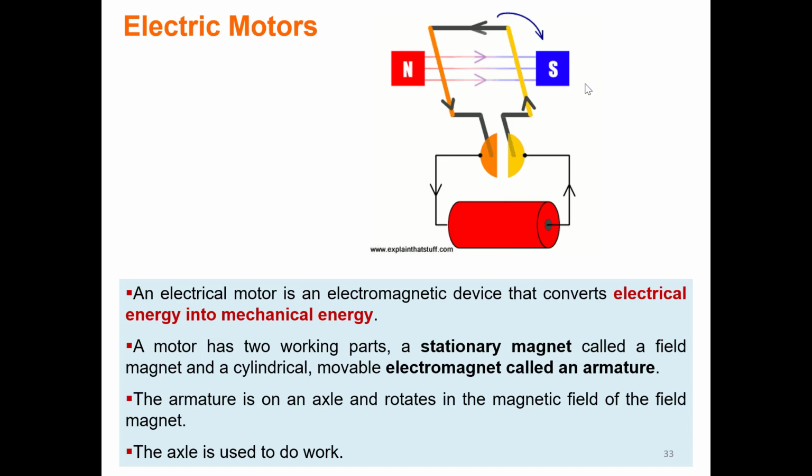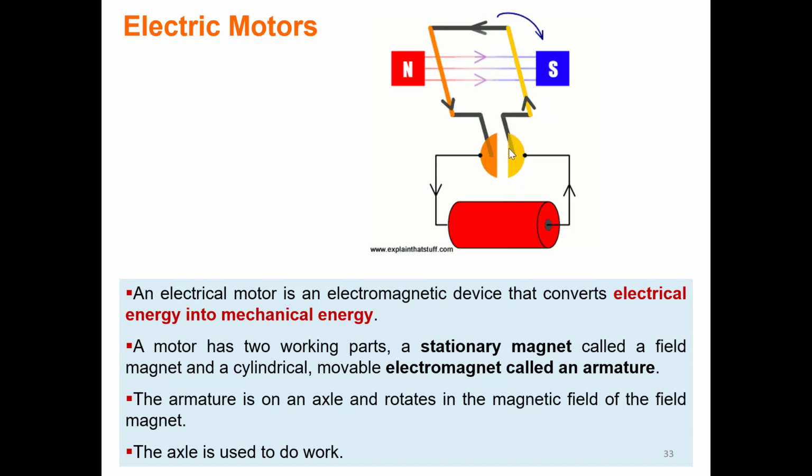One is a stationary magnet. We have one permanent magnet. It's like a bar, a bar magnet. This is the stationary magnet. And we have the electromagnet armature.